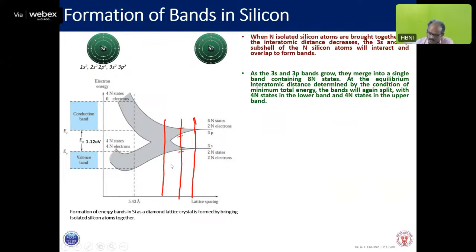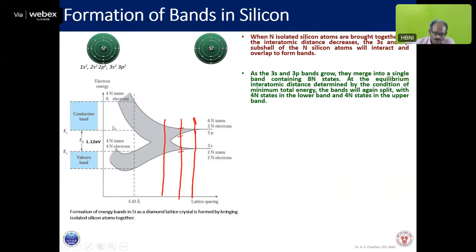Now, if you reduce the distance further, the levels start to split further. So now you can have 4n states which have this energy, and 4n states which have this much energy.